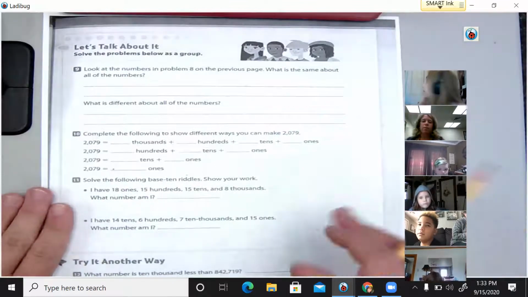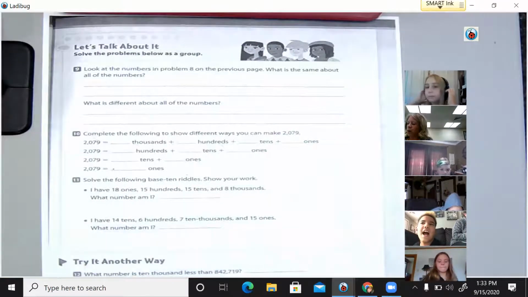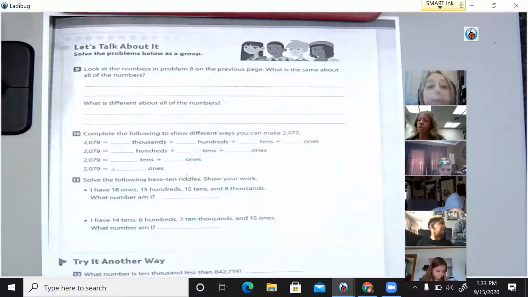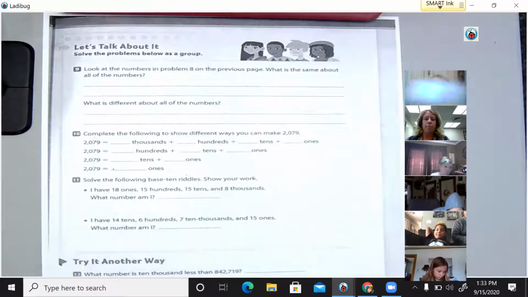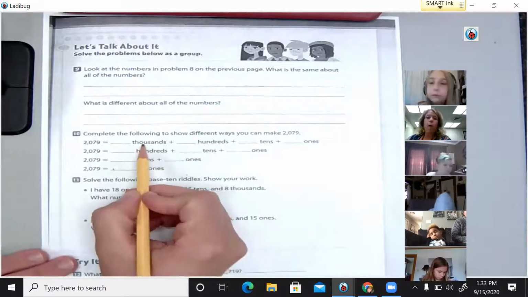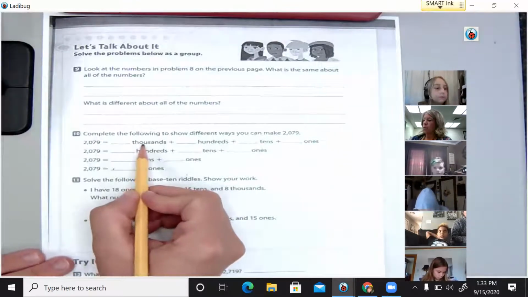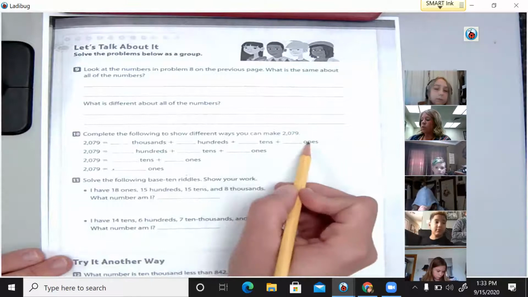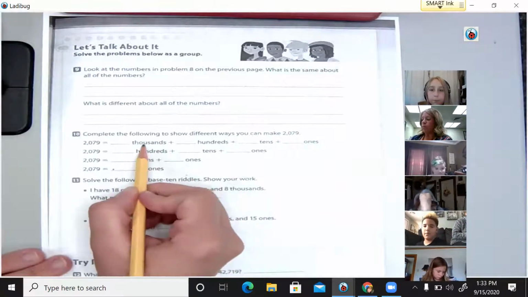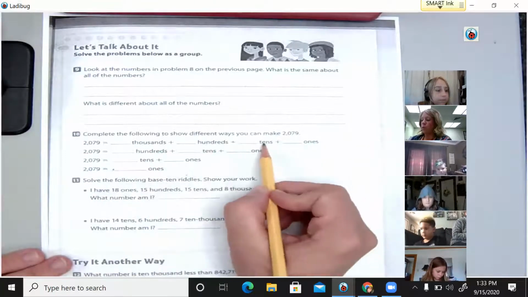Number 10. Now this one's a really neat problem. We're going to complete the ways to show all the ways you can make the number 2079. If we were at school and we had base 10 blocks, this one would probably be the easiest because we have thousands, hundreds, tens, and ones. So we would have the big cubes, the flats, the longs, and the ones.